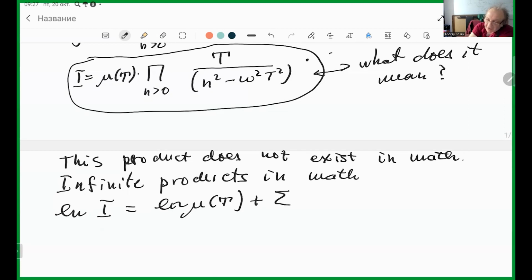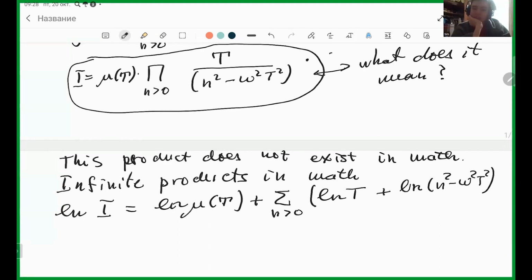Now good thing is that I have a sum. Minus. So this is divergent theory.